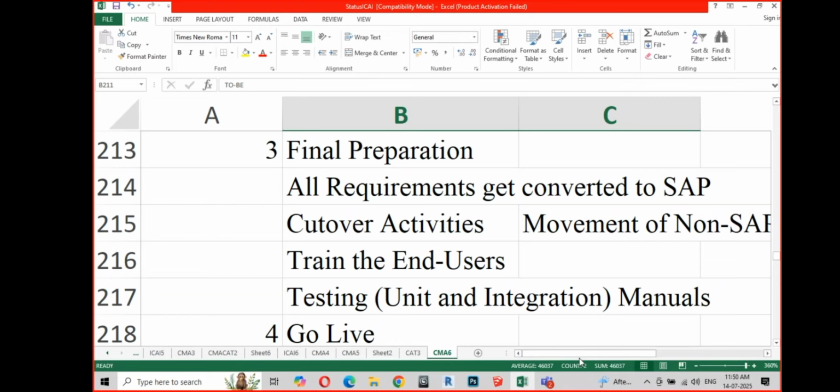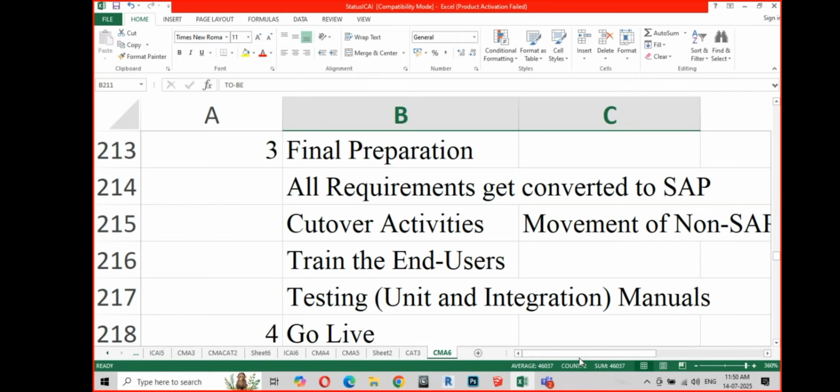So I would have to train the employees of the department for which I am responsible, for which I create a lot of documents: testing manuals, user manuals, training manuals. Clear? So generation of these documents is also the responsibility of the consultants.